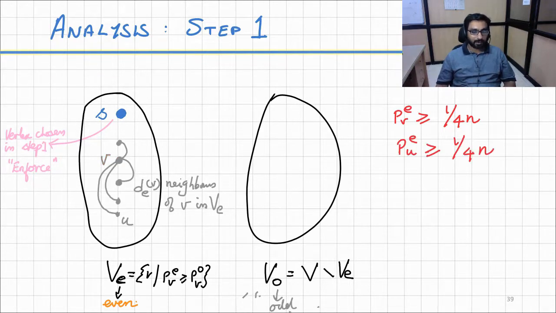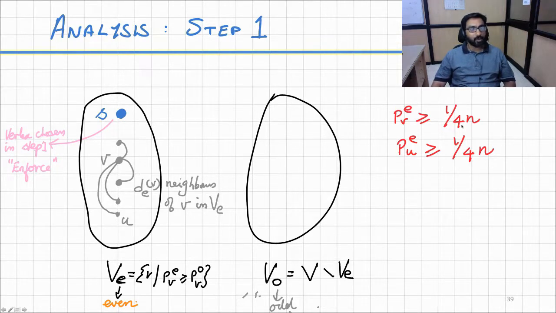Okay, now consider the neighborhood of V. So just to let you know where we are going, we're trying to find the product of PVE times PVO.